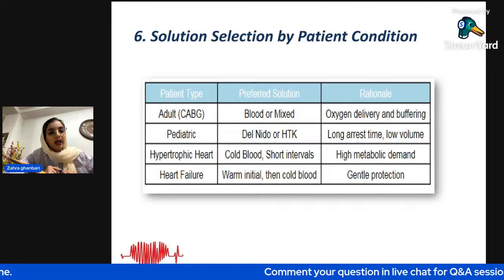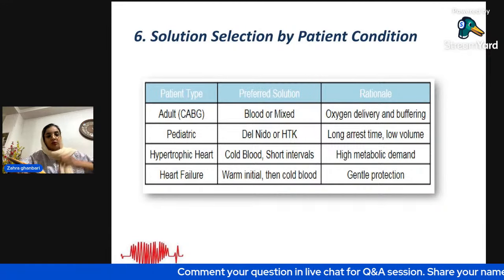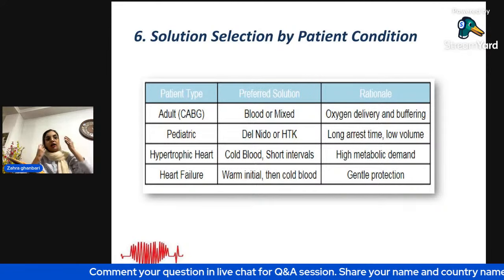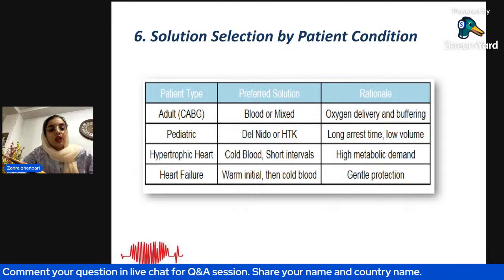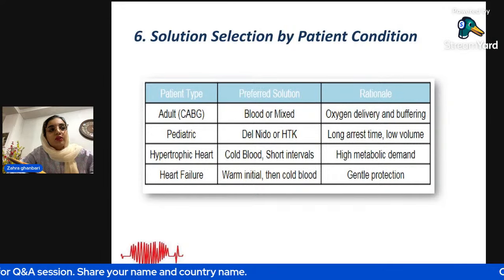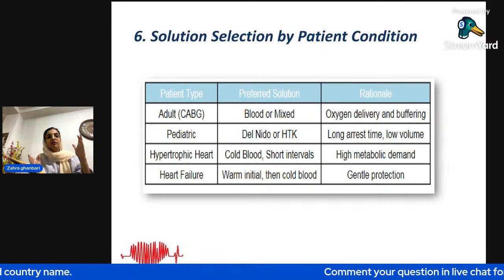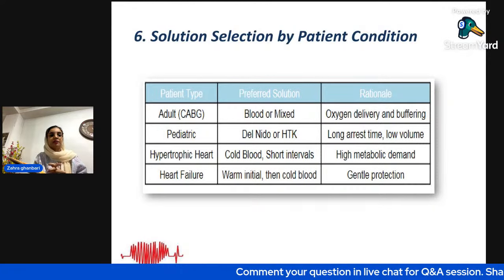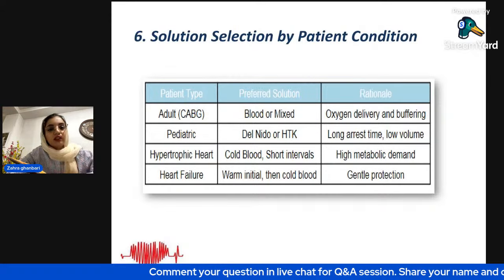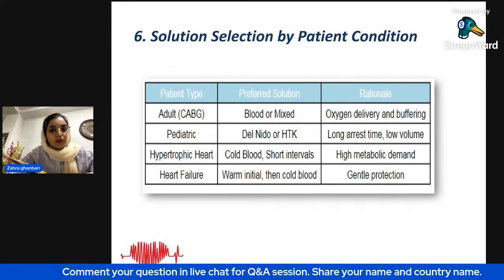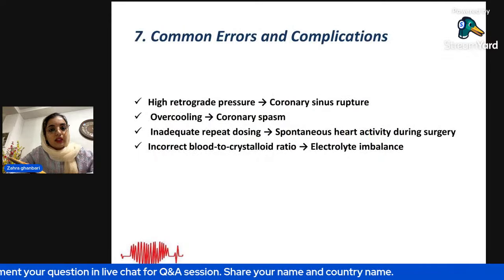For heart failure patients, warm initial is good. We choose the type of cardioplegia solution by considering all of these factors and choosing the correct one. So go to the next slide, please.